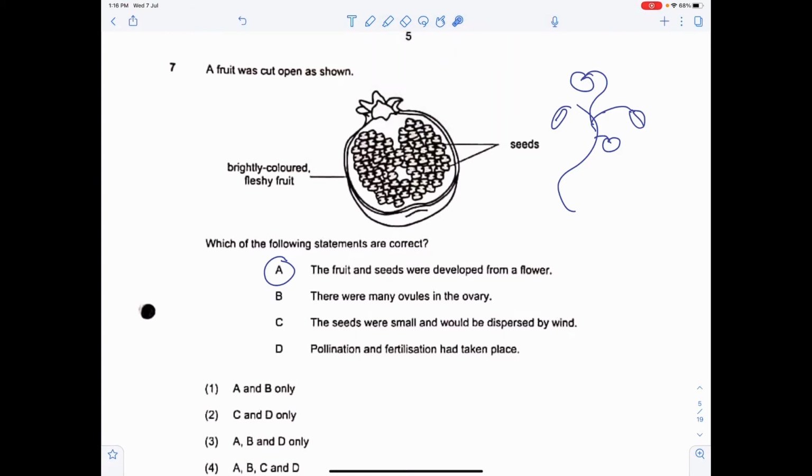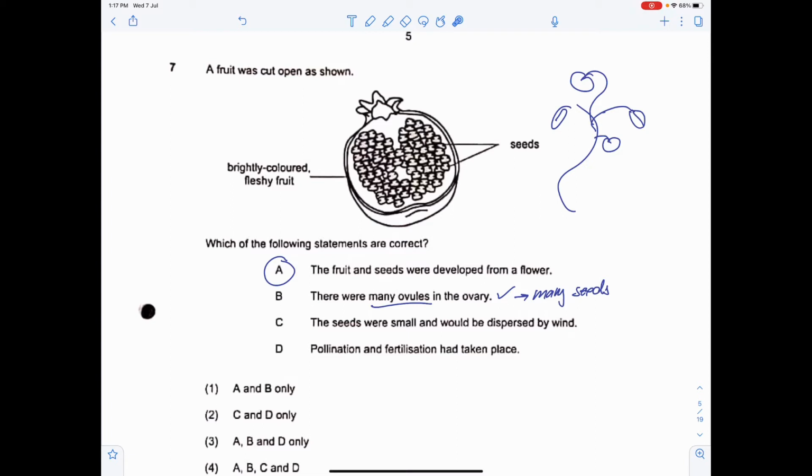B. There were many ovules in the ovary. Yes, this is also true due to the many seeds. The many seeds part tells me that there are very many ovules. The seeds were small and will be dispersed by wind. This is not true. The small seeds actually allow it to be swallowed by animals.